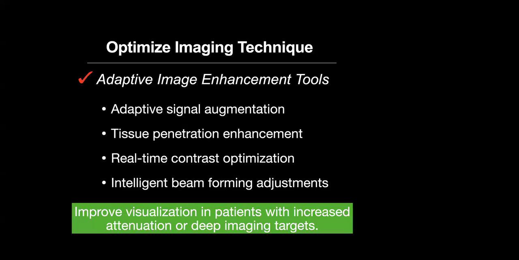Sometimes this can be called augmentation or adaptive signal processing, depending on what your ultrasound unit may call it, which dynamically adjusts the signal gain and penetration to improve visualization in challenging imaging conditions. So this really improves the attenuation, right? Especially with deep imaging targets.